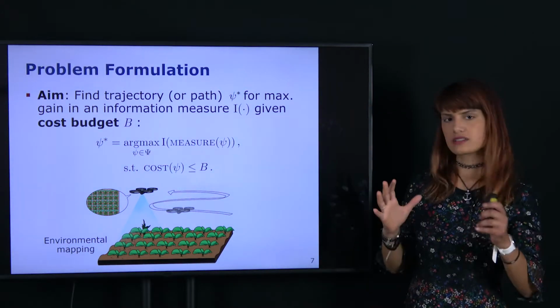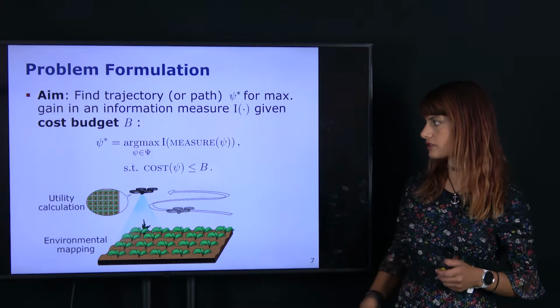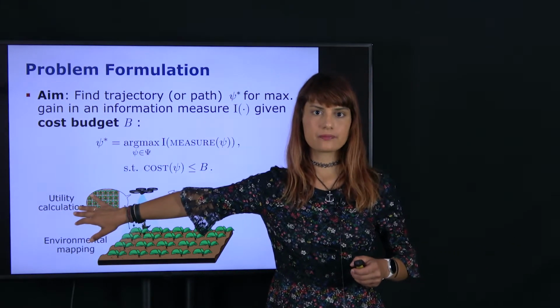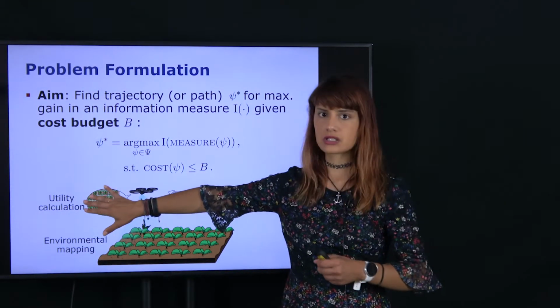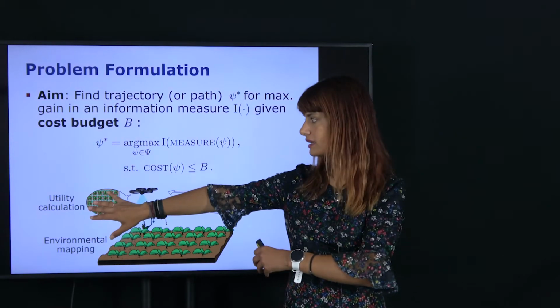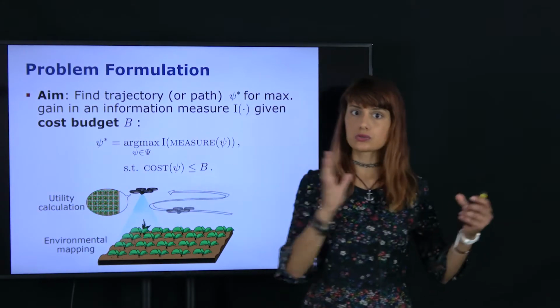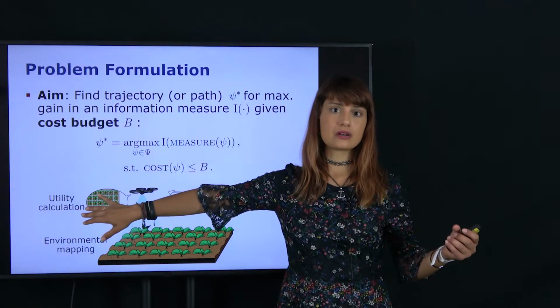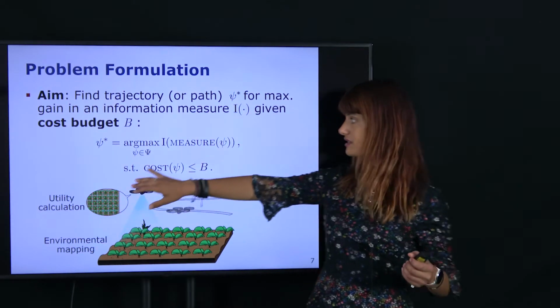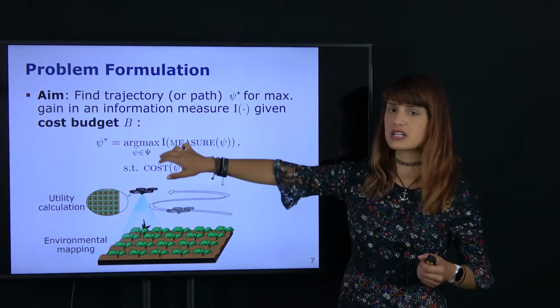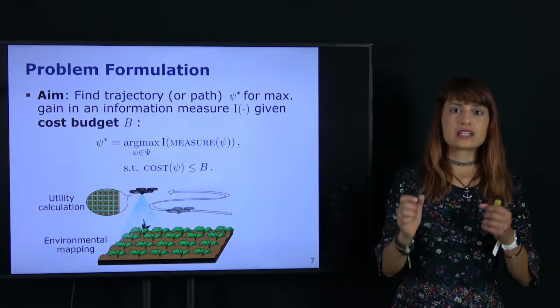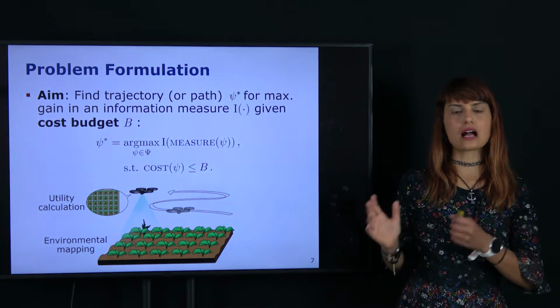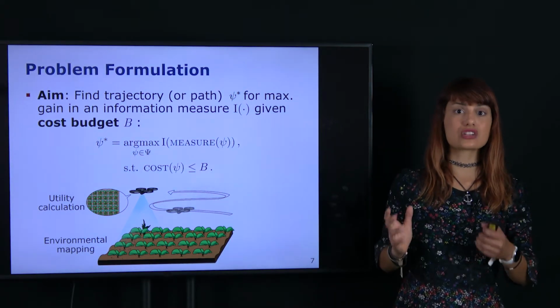A second set of challenges is associated with the calculation of the utility. What we're doing here is mapping key aspects of this problem scenario to the elements on the system diagram. In terms of the utility, we need a way of actually specifying and defining the information measure so that we can say how promising particular actions are in the future. And this is a very challenging task.